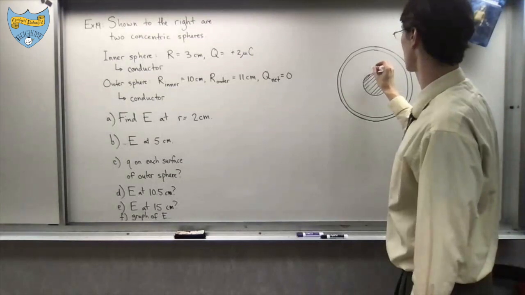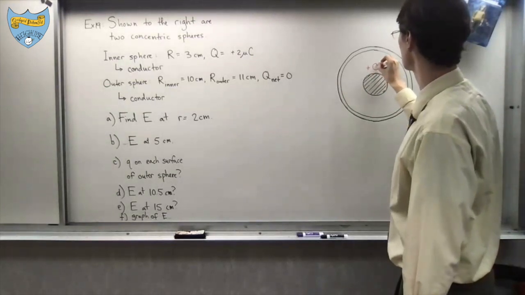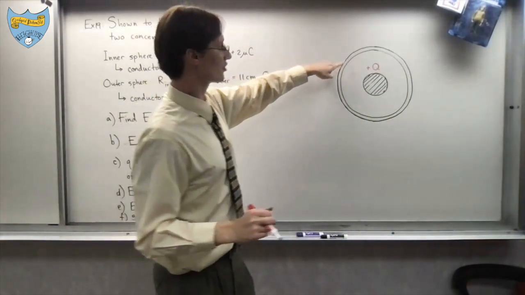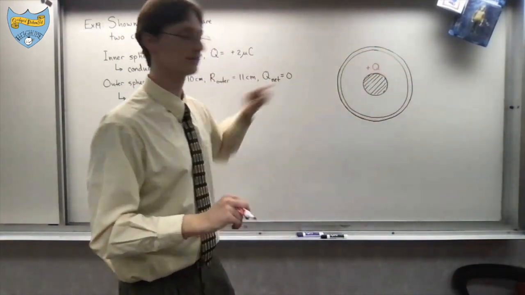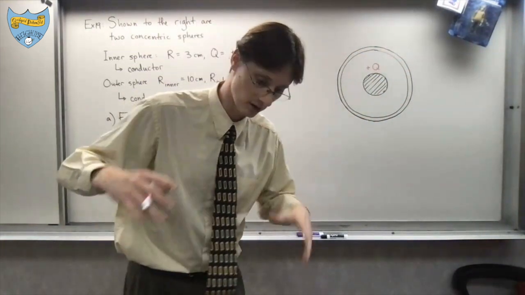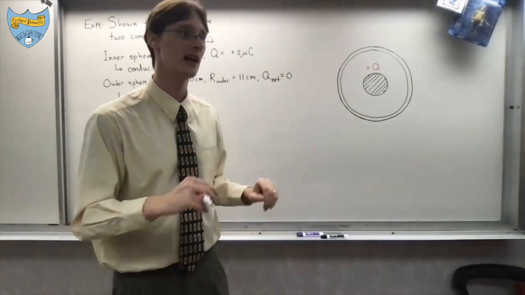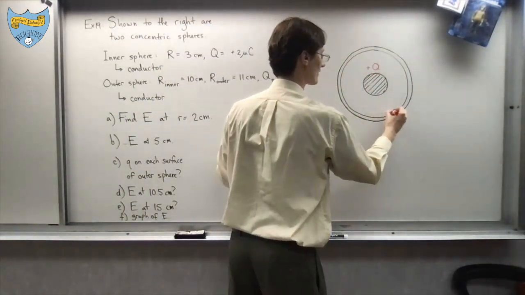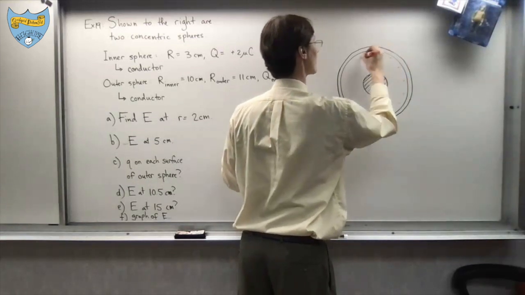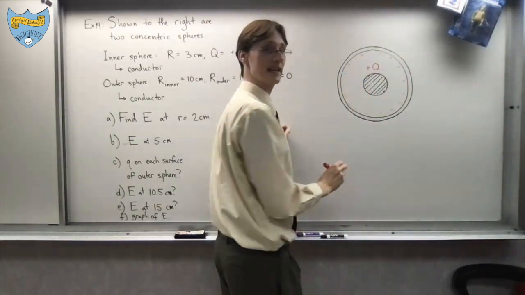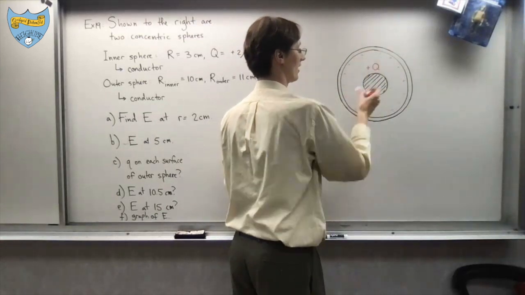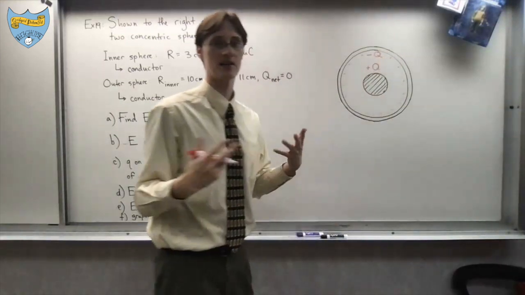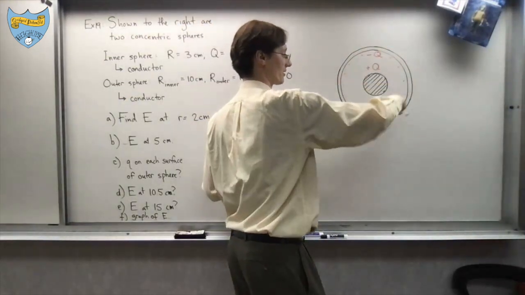Because this one is, let's say, plus Q, we'll just call it Q for the moment, the electrons in this conductor are going to notice that positive charge in the very middle, and they are going to begin crowding around this inside surface, resulting in the inner surface acquiring a net charge of -Q, spread out over that whole area.